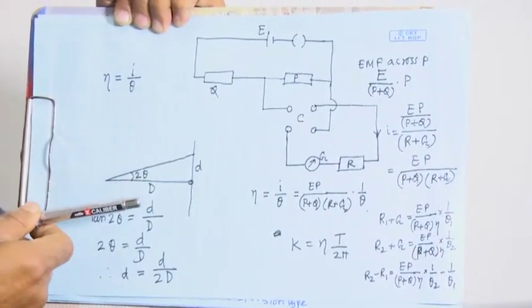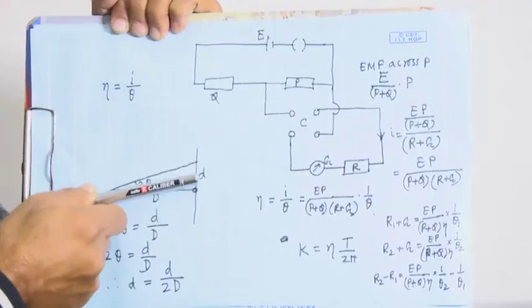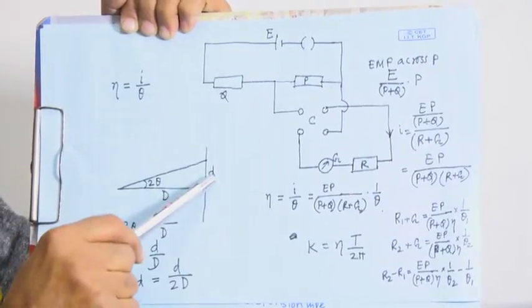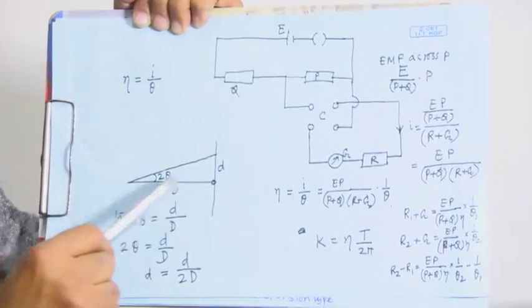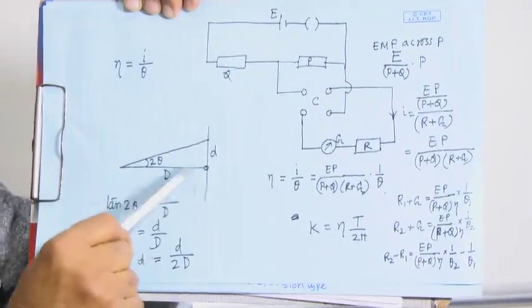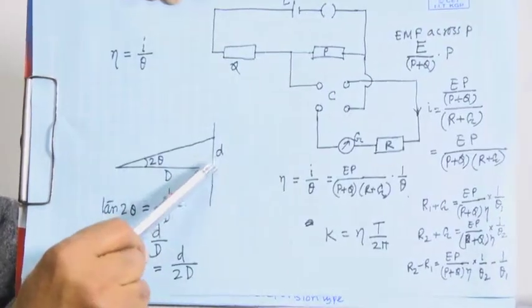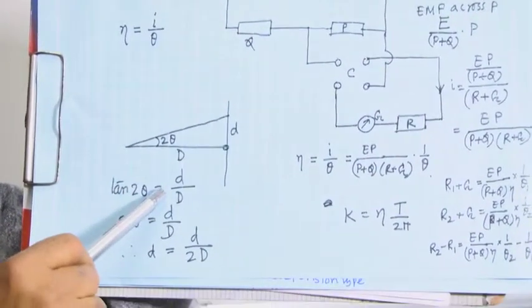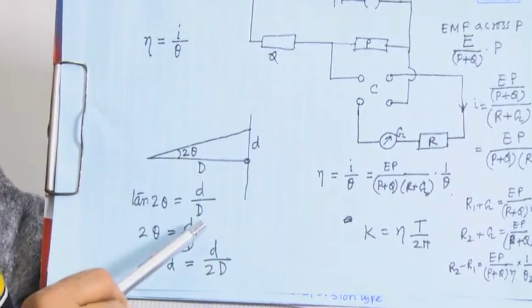Now, if the mirror rotates by theta, the reflected one will rotate by 2 theta. If this displacement is small d, and the distance between the mirror and the scale is capital D, then tan 2 theta will be equal to d by capital D.